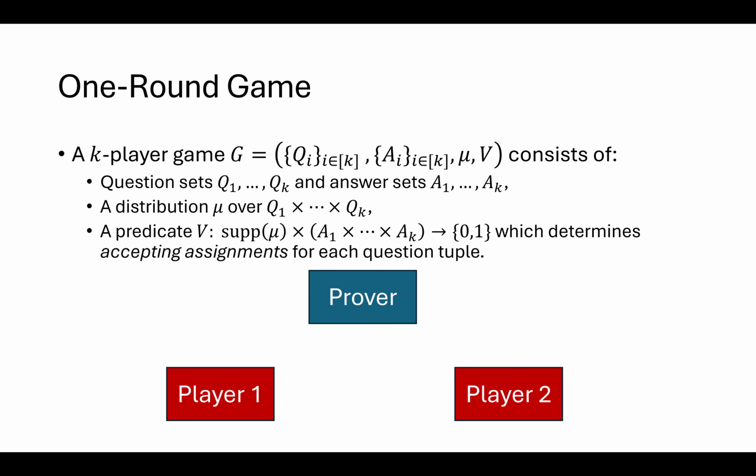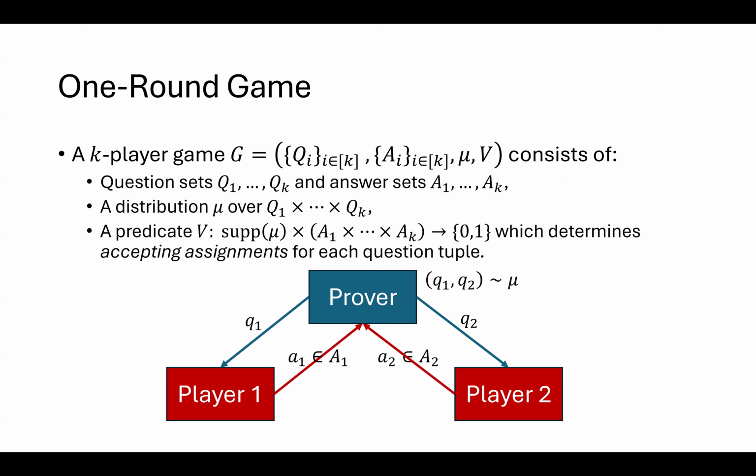So here is a two-player game, k equals 2. The prover first samples a pair of questions, because we're in the k equals 2 case, a pair of questions q1, q2 from mu, then sends q1 to player 1 and q2 to player 2. Now, both of them, without interacting with each other, will respond with an answer.